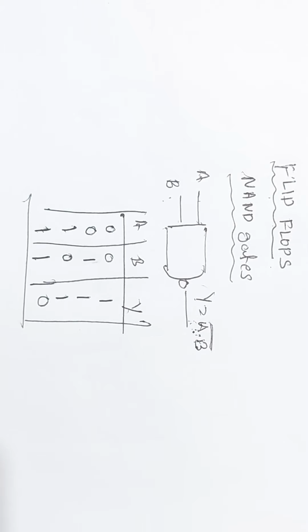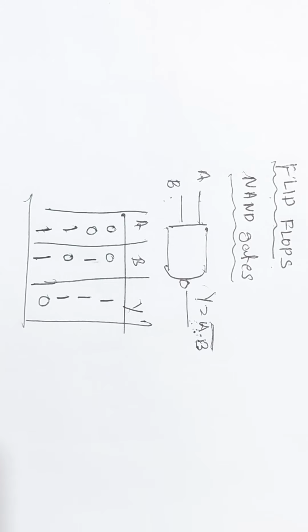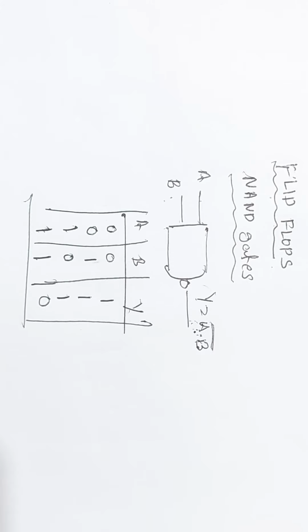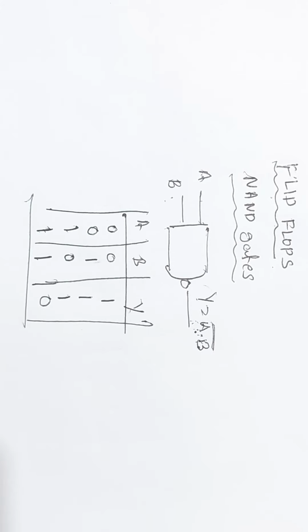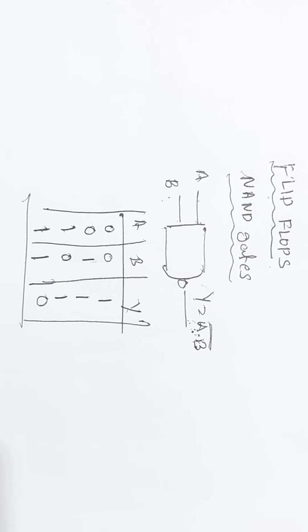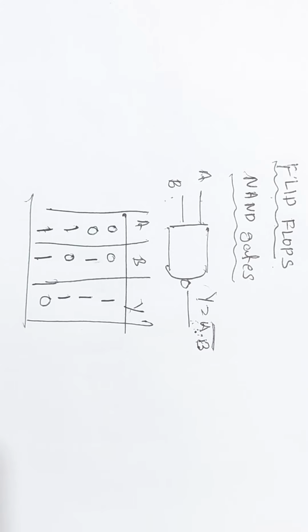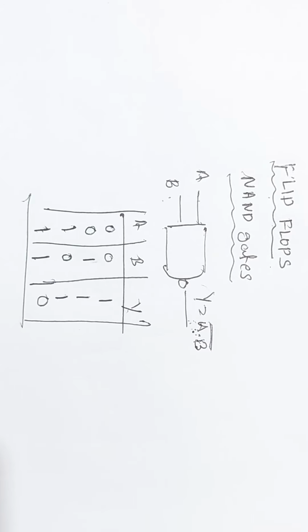Now, what is a flip-flop? A flip-flop is nothing but a simple electronic circuit constructed using NAND gates or NOR gates. Both NAND and NOR gates are universal gates. Now we shall study the flip-flop constructed using the NAND gate only.